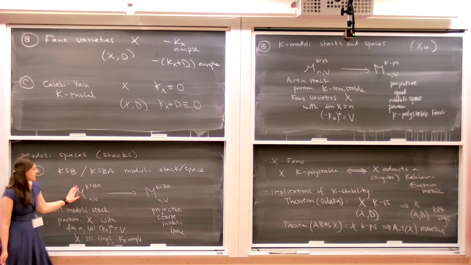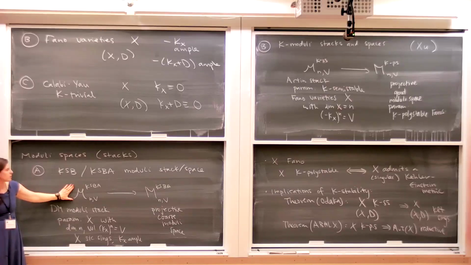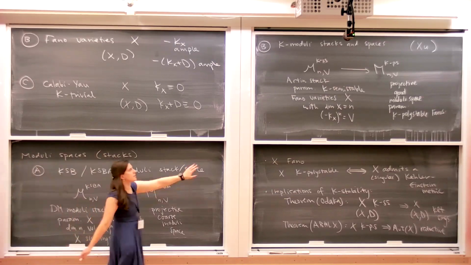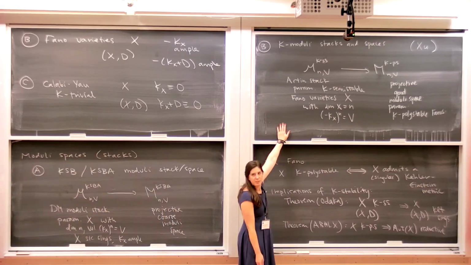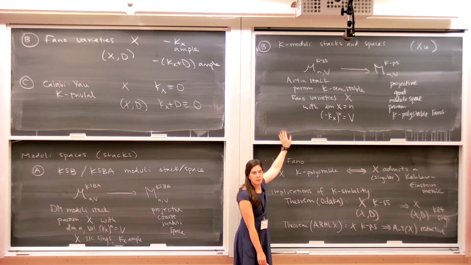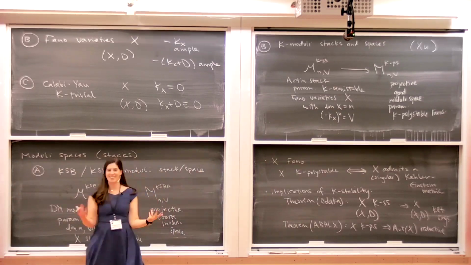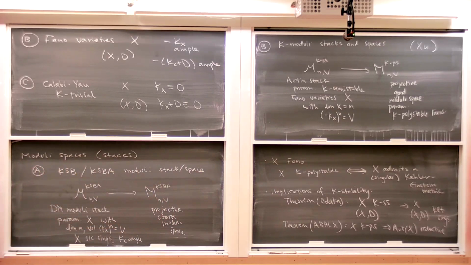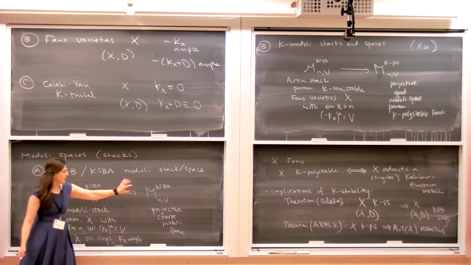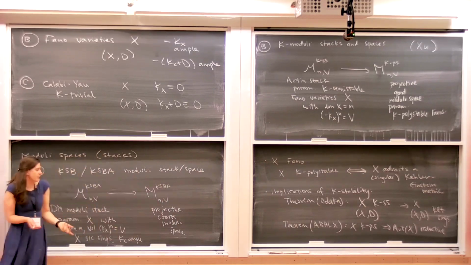All the details, even in this case, were only recently settled, particularly how to define families over non-reduced spaces. This is very recent, within the past year or two, that all the details here are settled. So even in that case, math moves on. And the question is, can we do this for Calabi-Yaus? Is there a natural notion of a moduli stack and a moduli space and a stability condition?